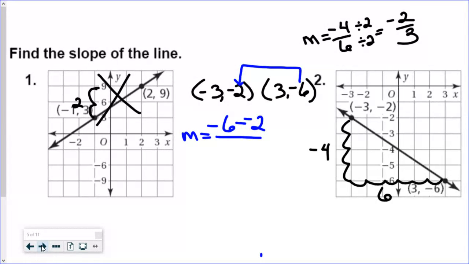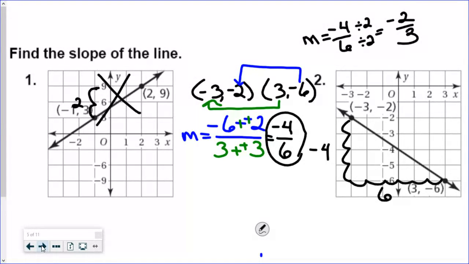And then x minus x would be 3 minus a -3. Keep change would now give me a -4 over 6. And then it reduces to -2 over 3, which is the same as the top.